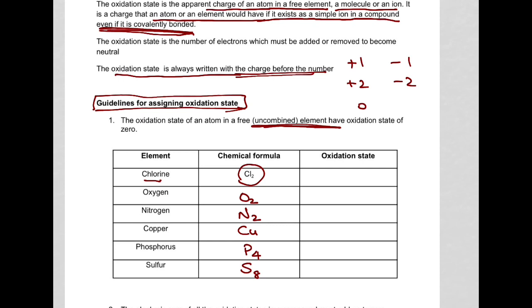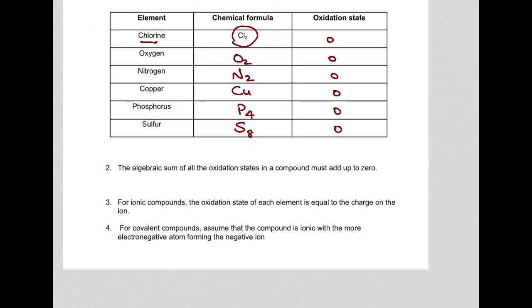So in all of these elements, uncombined, so it's not combined with any other element, it is still in its elemental state. So all of these oxidation states would be 0. So if it is an element uncombined, oxidation state is 0. Second rule, the algebraic sum of all oxidation states in a compound must add up to 0.